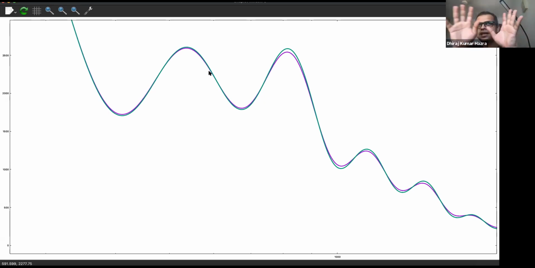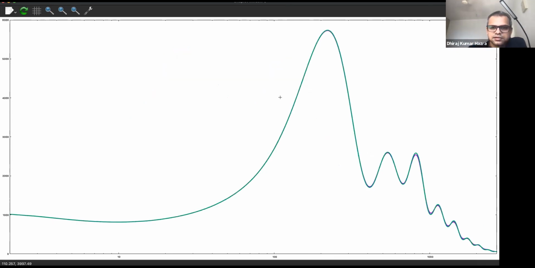The sharpness of the building gets distorted. The sharp signal gets smeared out. So the peaks come down. The troughs also go up a little bit. So this is the effect of lensing that I wanted to discuss.